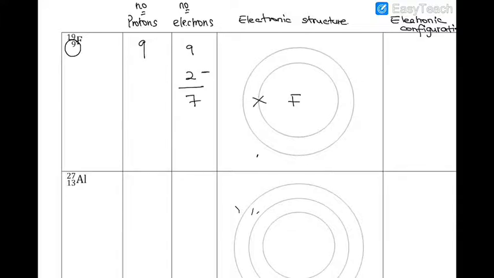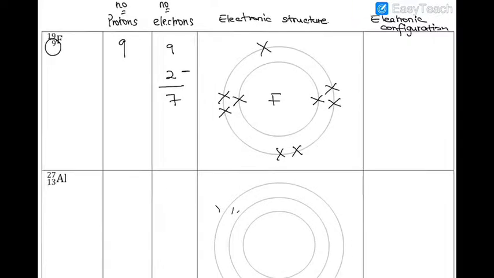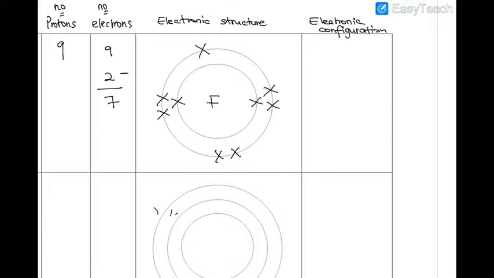Now I have 7 left. The second shell can hold a maximum of 8, so the 7 can all go in the second shell. So the electronic configuration: first shell contains 2, second shell contains 7.